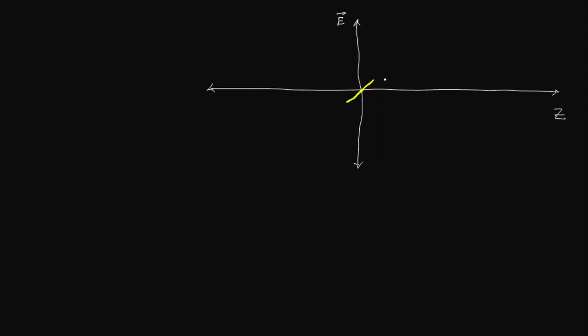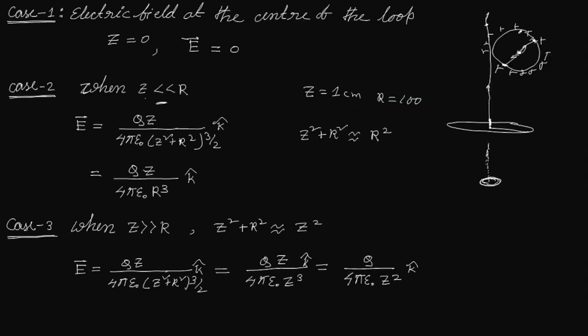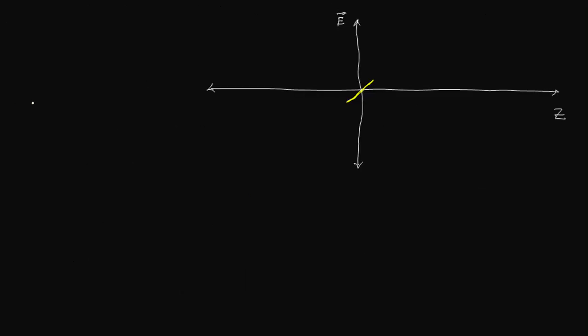Now when z is much greater than r, we have noticed that the electric field will decrease as we increase the value of z. So at large distance the electric field will drop as we increase z, like this, 1 by z square.